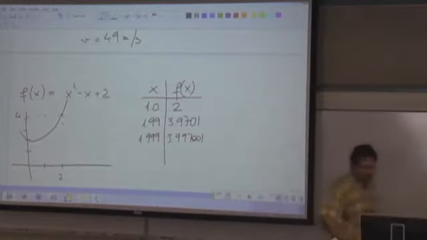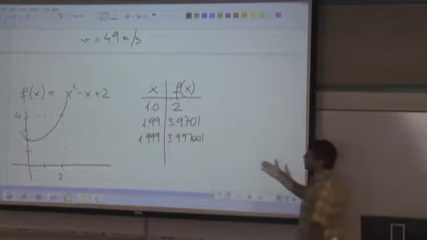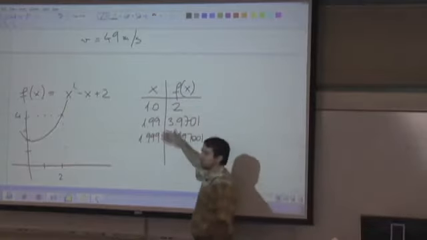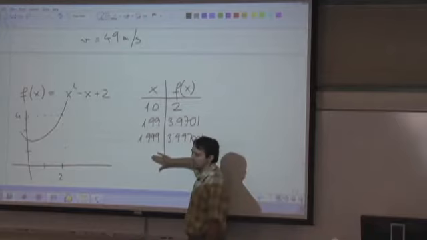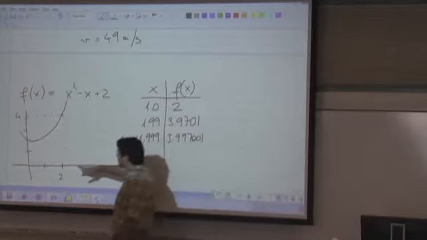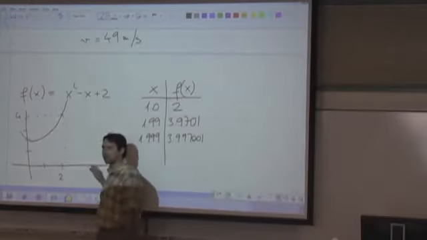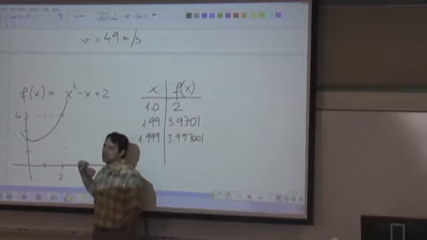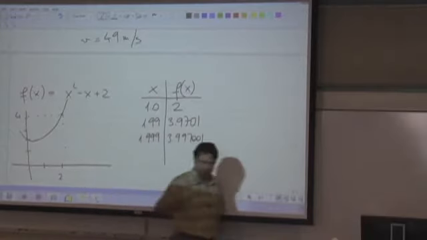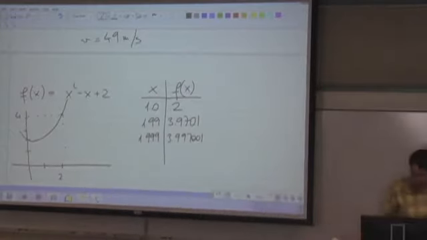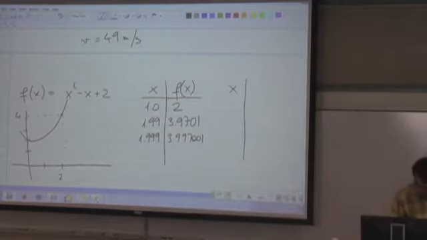On a similar token, if I come from the other direction, by the way, this would not be enough to say that the limit as x goes to 2 of f of x is equal to 4. Why? Well, because I'm only coming from this direction. I don't know if coming from the other direction is going to give me the same answer. So if I look at x and f of x, I start at 3, which gives me 8.